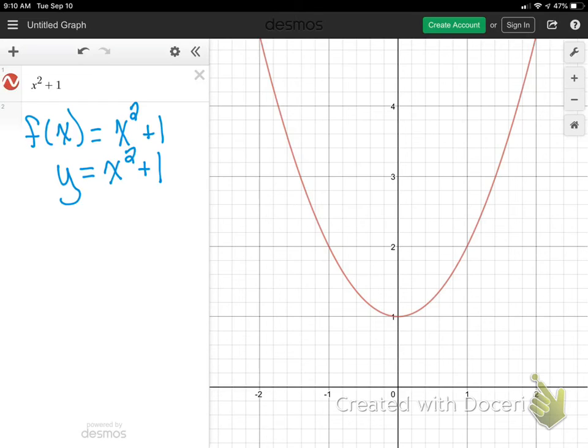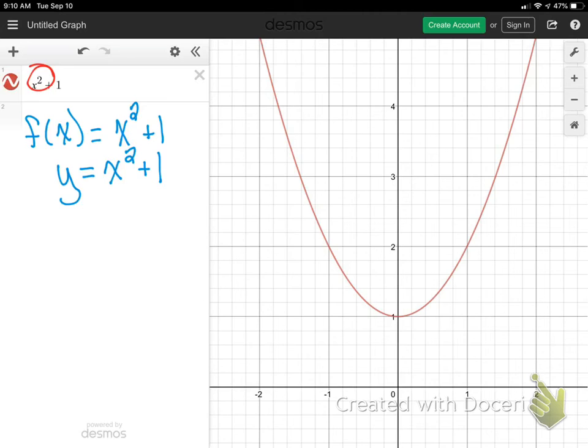When you look at the graph visually, you can see that if you fold it over, it's going to be symmetric. Okay? But we have to show it algebraically. We are only testing for even because I have an even highest exponent. So I'm only testing for the even.